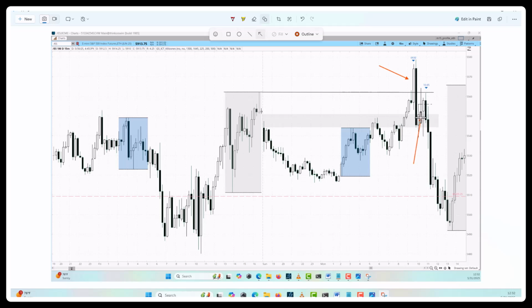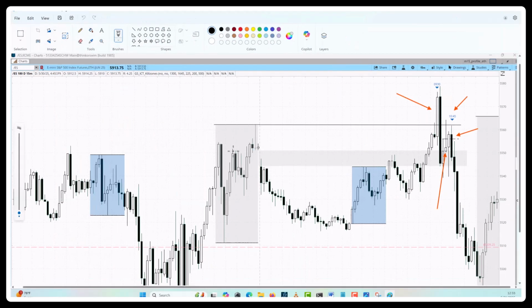You have a test from below, and then you have a break, and then it reverses. We have a little restate challenge right here. We have to make our way through this. All right, now let's edit this one. So right here you have a Judas swing.